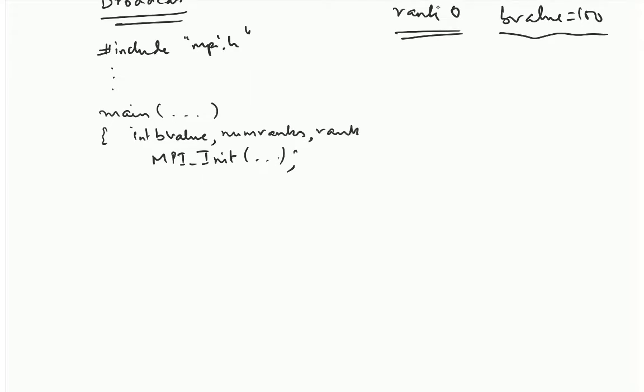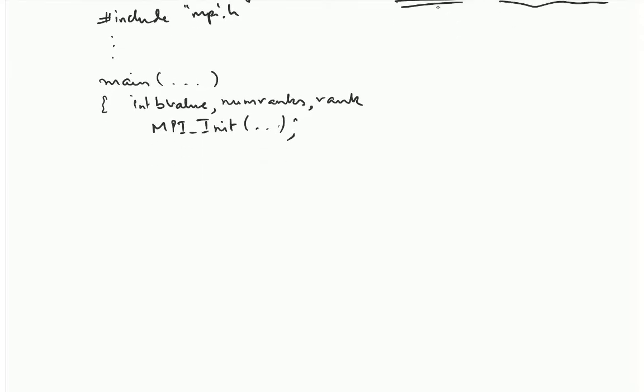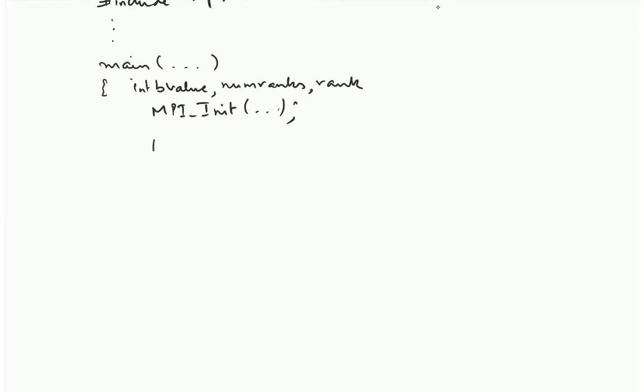Numranks, rank. So first I need to get the total number of ranks. So I'm going to call MPI_Comm_size, right, with MPI_COMM_WORLD and numranks, pointer to numranks.